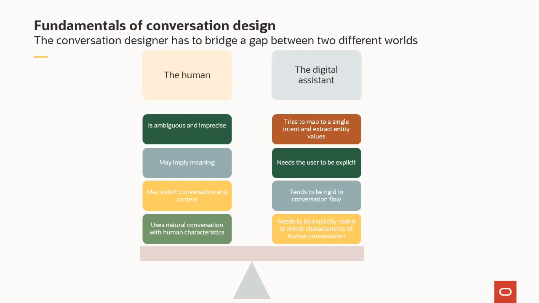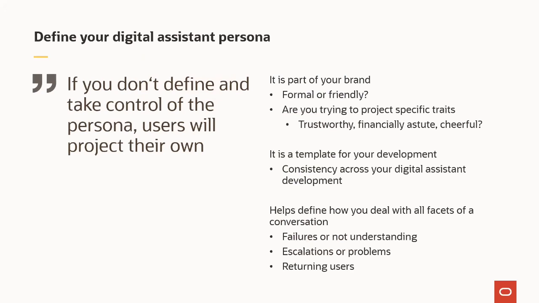So the conversation designer is balancing the two: when the user is imprecise, how can the bot best deal with that kind of ambiguity or uncertainty? Quite often it's not fixed through technology. Often it's fixed by designing the conversation in such a way that you can guide the user to the right places and the right happy path as well.